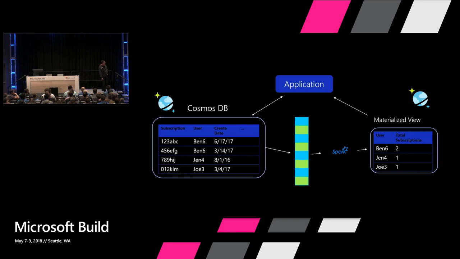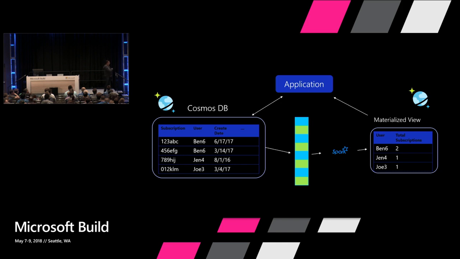Next is creating a materialized view. So all the data is coming in, and as you must have heard or seen, Cosmos DB is all about very, very high throughput and low latency. We can easily go to 2 million, 3 million, 5 million requests per second. And at that kind of throughput, you still want to build some materialized view.